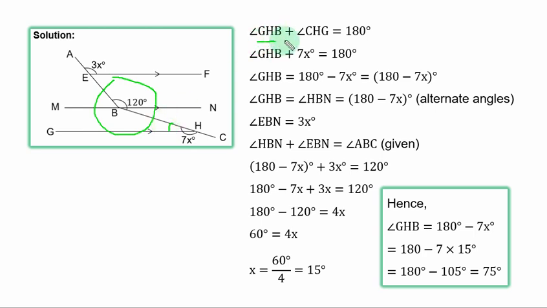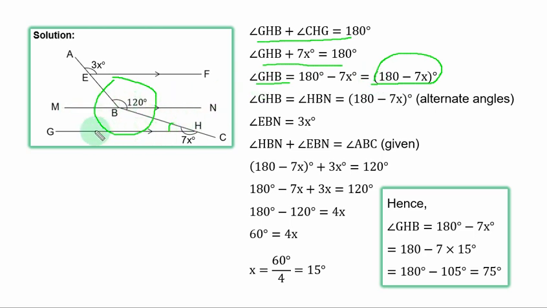That is what you have here, and that is this. So if you make GHB the subject, you have 180 minus 7s, all in degrees. So all we just need is s for us to get angle GHB.